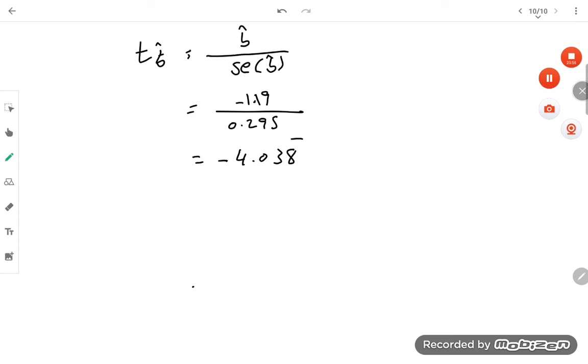This means that we are going to reject H0, which means that the parameter has no significant impact on Y, and accept H1, which means that interest rate has a significant impact on investment, or the explanatory variable has a significant impact on the dependent variable.